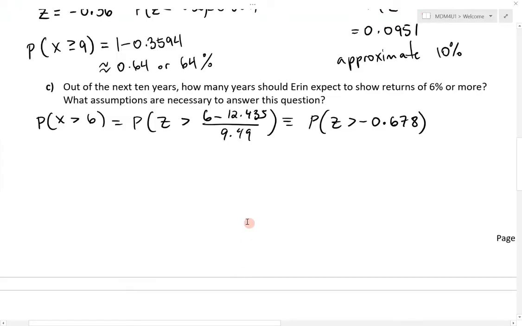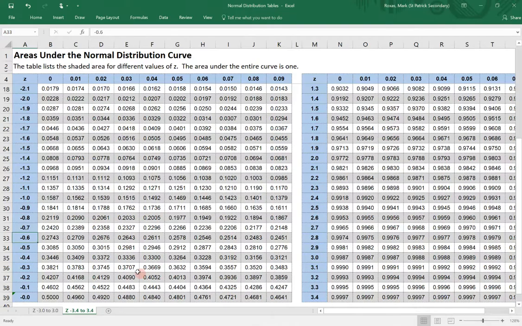And remember, this question is asking for greater than, right? So the 0.25, the value between these two values, represents the probability that z is less than negative 0.678.